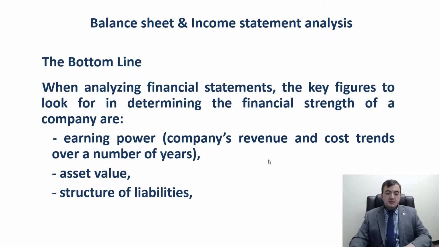In balance statement analysis, we want to understand if the company is under debt or not, what part of their assets are current and non-current, and what is the value of those assets. And we want to see the equity per share.